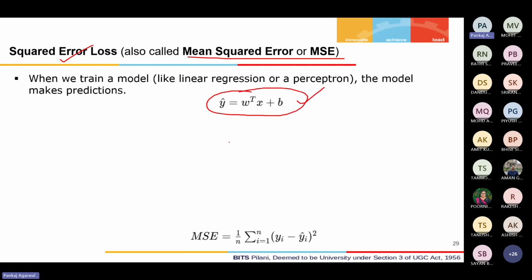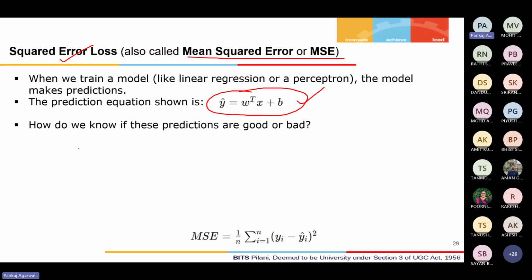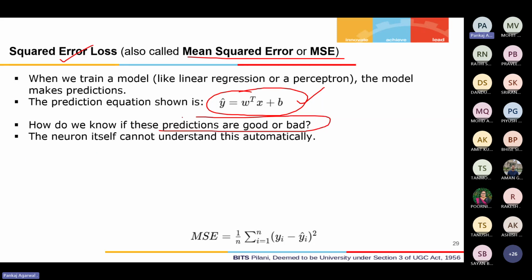We know how this model behaves, but how do we know if these predictions are good or bad? So we are talking about squared error loss, how it is helpful and where it is actually used, for linear regression.